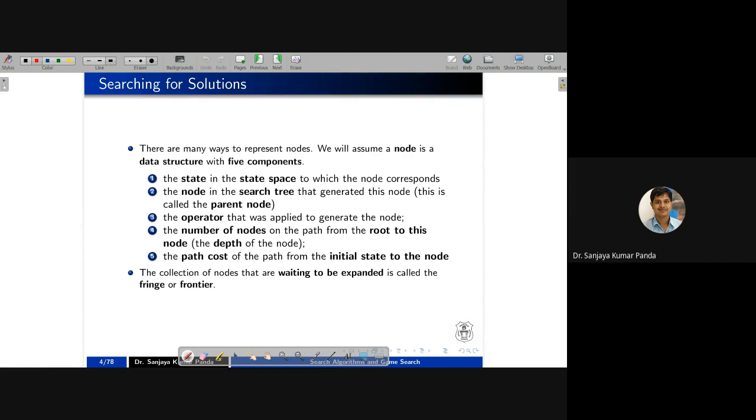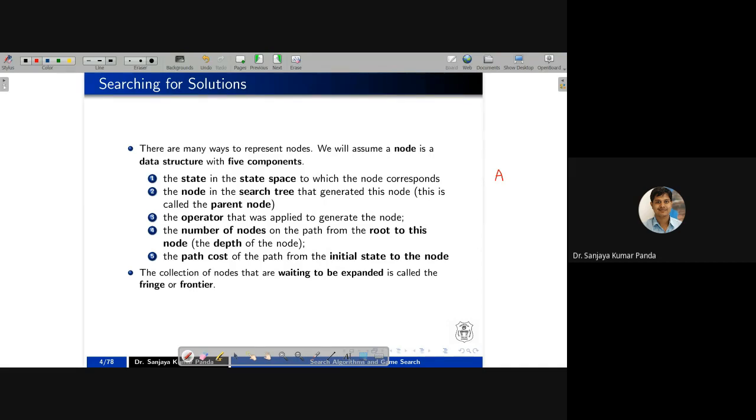Okay, so basically the node and its properties you may consider as 5 components, 7 components, or 10 components, but in this one we have considered 5 different components. The first one is the state in the state space. State means our starting point is our initial state. Our initial state is A, so that is one of the components.